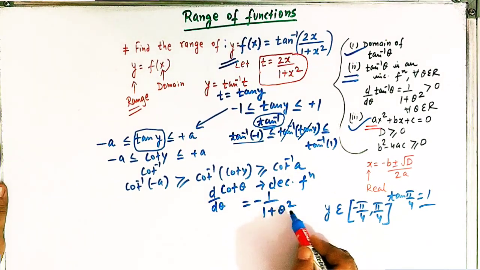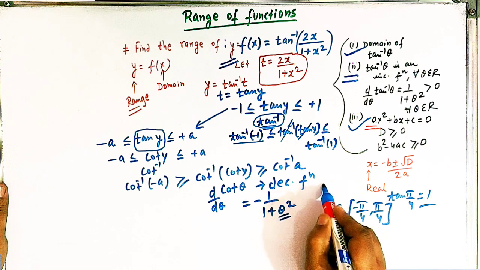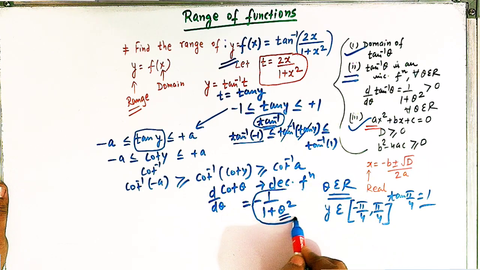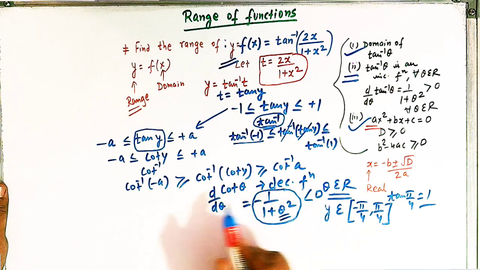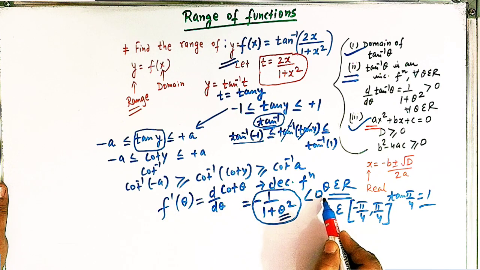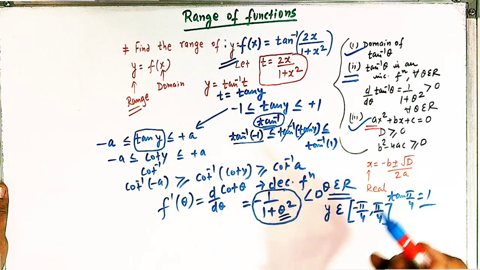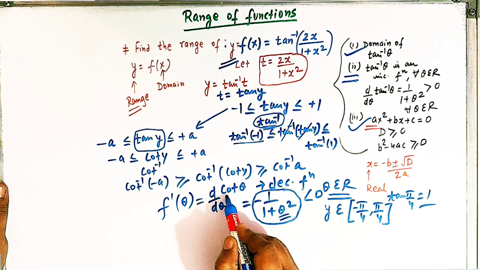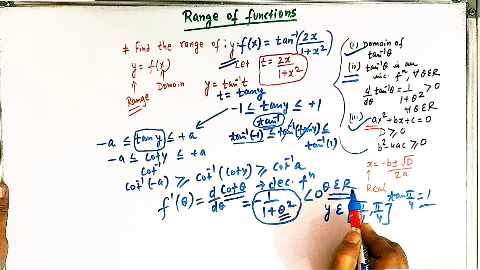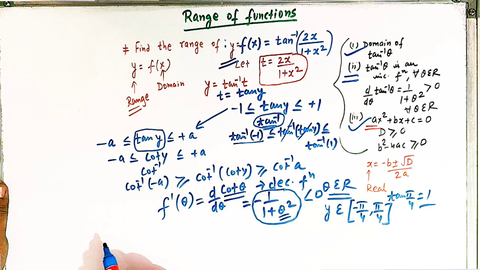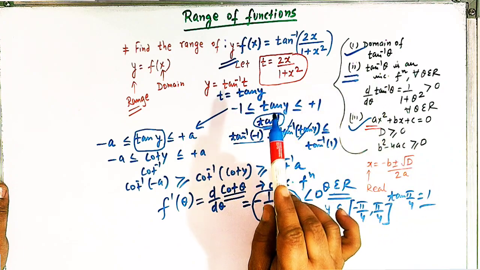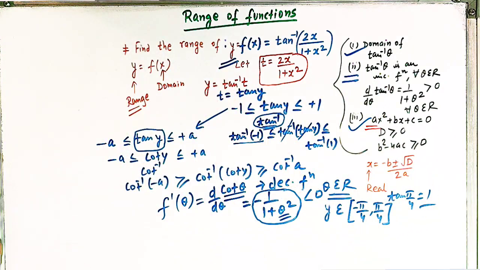And for all values of theta belonging to the set of real numbers, this expression is always going to be less than 0, right? So it means the derivative is negative, that is the slope is negative. So the function cot theta is a decreasing function for all values of theta belonging to the set of real numbers, right? So this is the concept which we have used in finding out the range of the function.